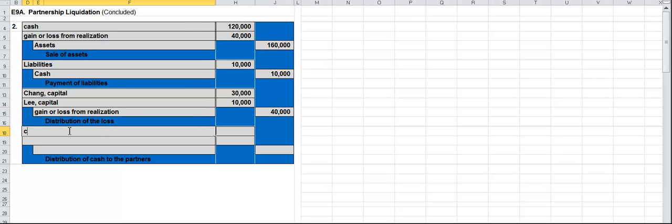So we debit Chang's capital for the $60,000 balance in his account, bringing it to zero, and we debit Lee's capital for the $50,000 in his account, bringing his capital account to zero, and then we credit or decrease our cash account for the remaining balance of $110,000. So after we've prepared the journal entries, we have closed all the accounts, including all the capital accounts for the business, so it has now been liquidated and will cease to exist.